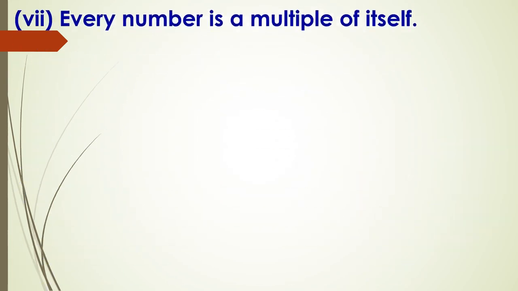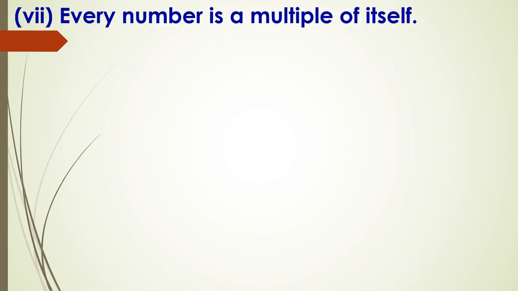Every number is a multiple of itself. I told you before also that if you are writing the multiples of 3, you will start from 3 only. Don't start from 6. So every number is a multiple of itself.